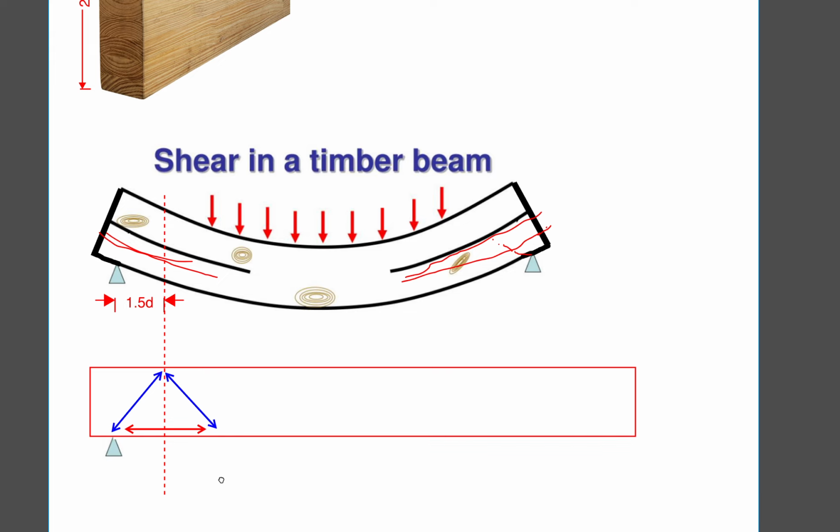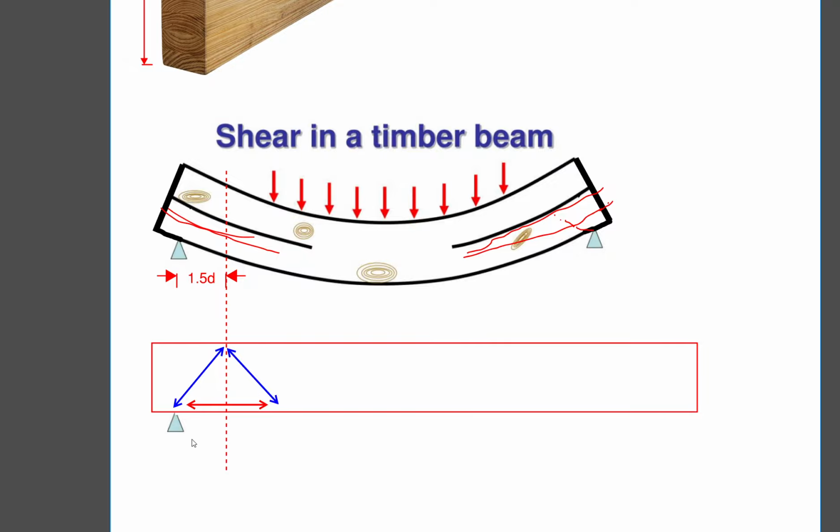So that leads to us, when we design for shear, not designing for the maximum shear at the support line. We are designing for shear from 1.5 times the depth of the beam, as written in the code. When you draw the shear force diagram, it's going to look like that. This is the maximum shear at the support, but here is what we're going to design shear for.